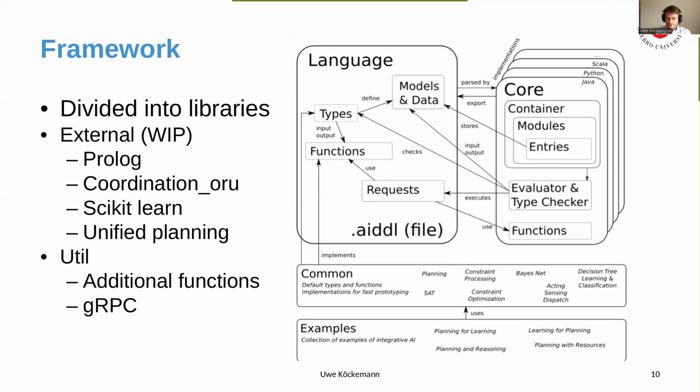We can also write functions within the language itself, if that's useful. And also requests, which is what we will use to bring together the flow charts that I showed earlier. And in the common library, we have a couple of well-known AI areas covered, like planning, satisfiability, constraint processing, constraint optimization, and then our examples.